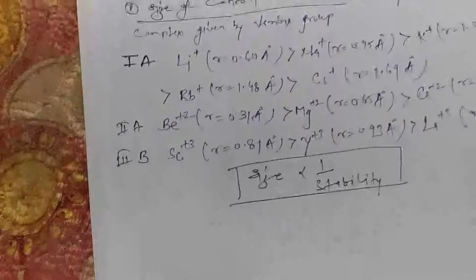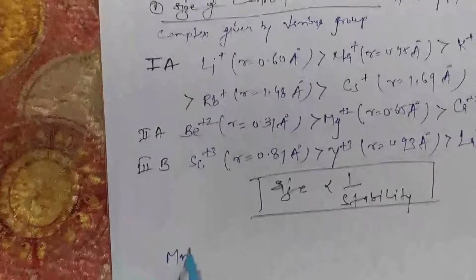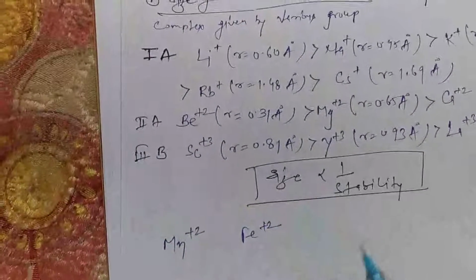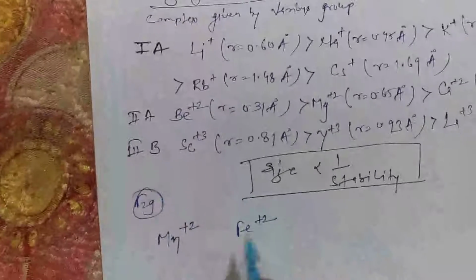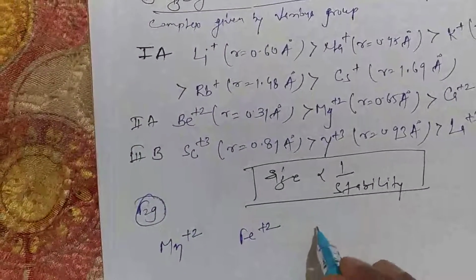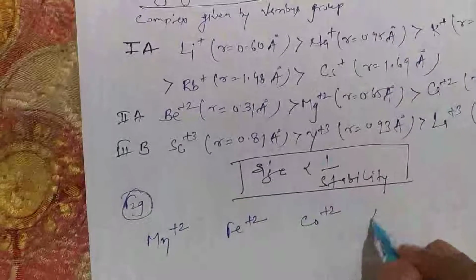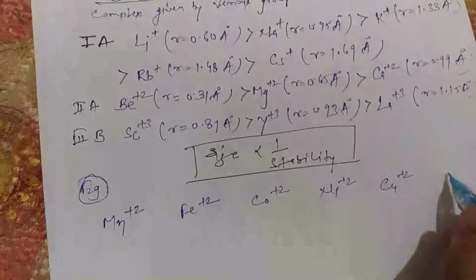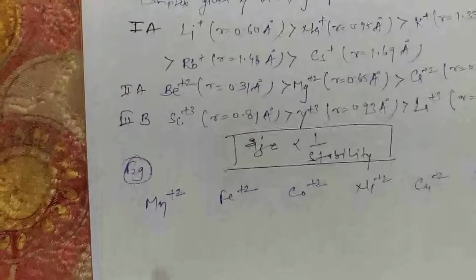Here I am taking Mn +2, Fe +2, then cobalt +2, nickel +2, copper +2, and zinc +2. We all know that this is the ionic radii.